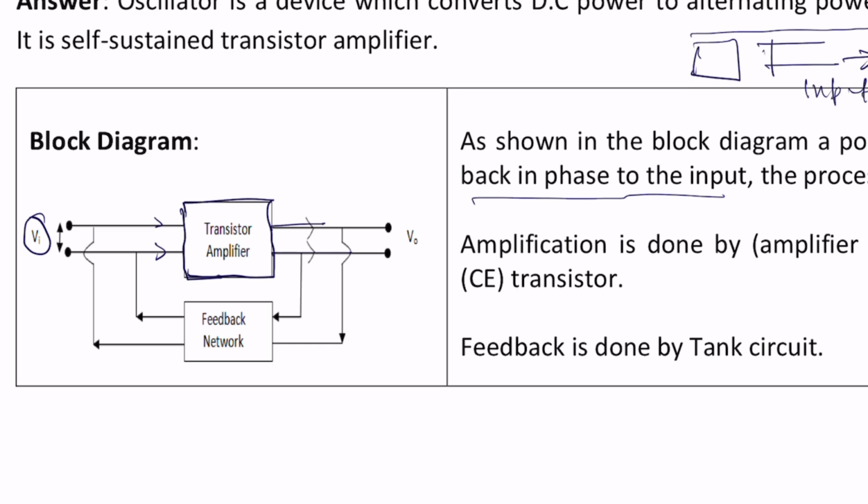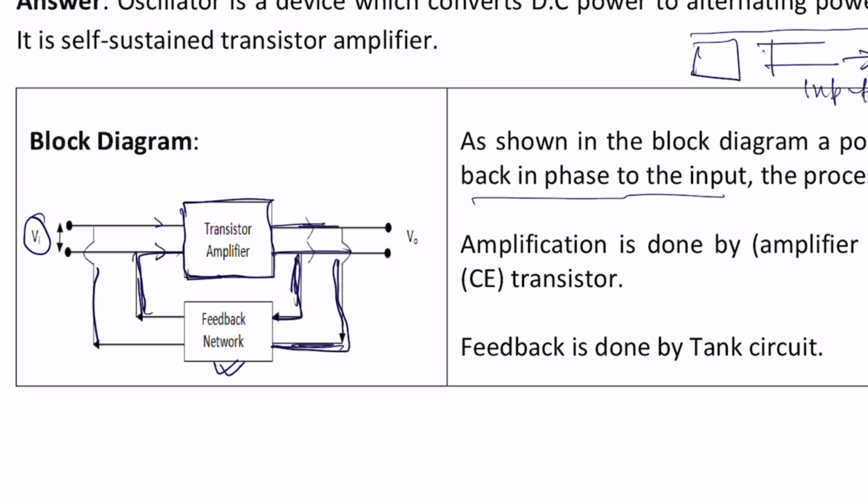Now a part of the output is fed back to this circuit again. This is called the feedback network. So the output obtained is supplied as input here; this is again supplied to the input.